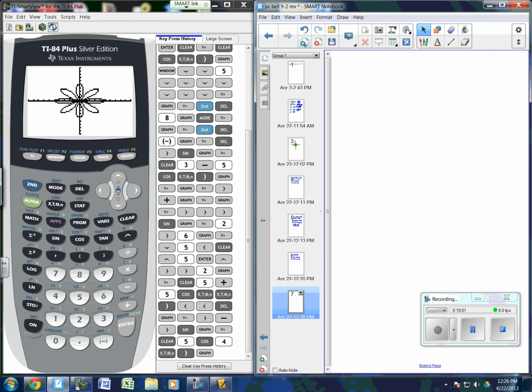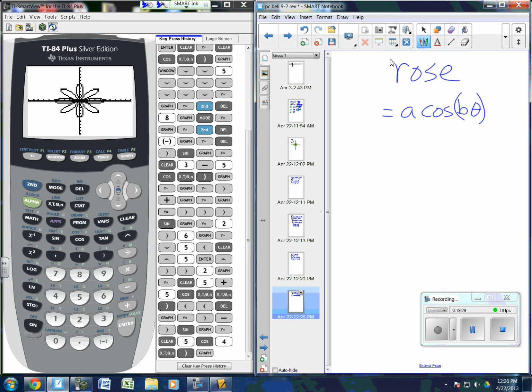Okay, so the official name in polar is rose, and it's r equals a cosine of b theta. Let me see what the book uses for their letters, in case you look it up in the book.